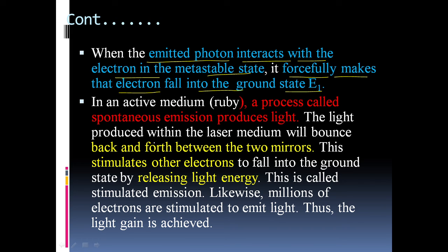This process is called stimulated emission, by which we get twice the photons in respect of one photon, and in this way millions of electrons are stimulated and emit light, and we get a successful, intense laser beam.